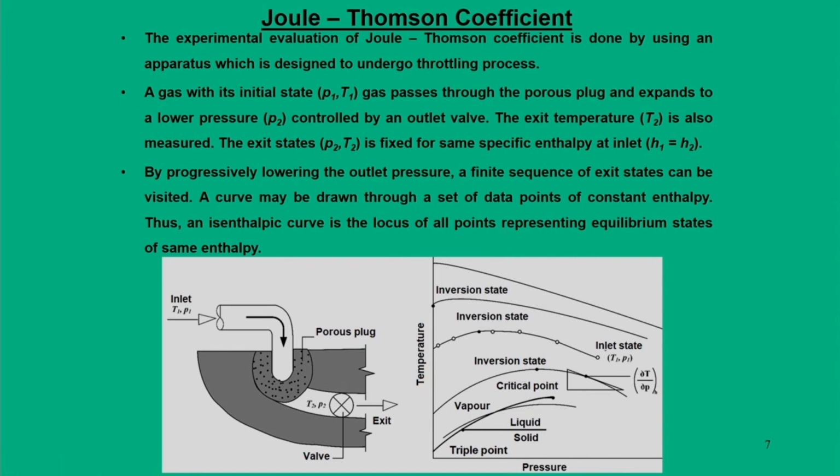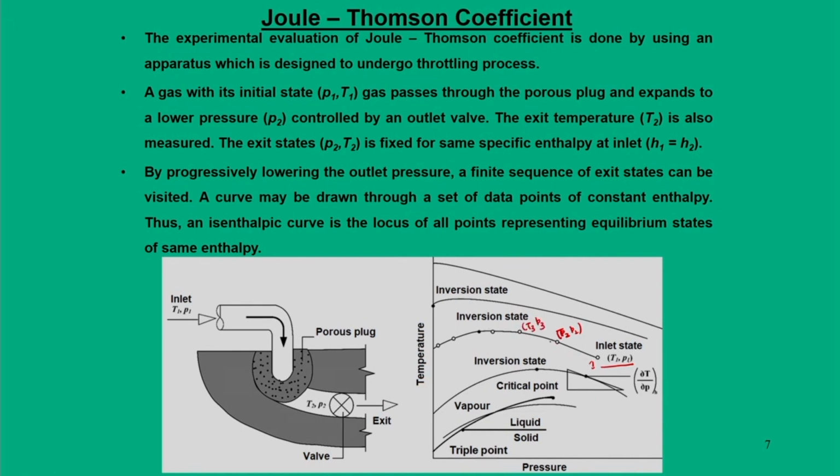For example, in this graph you start with the initial state T1, P1, which is point 1, and for another pressure P2 we have a subsequent T2. So for the same initial conditions you have one set of data, P2, T2, then P3, T3 and so on.